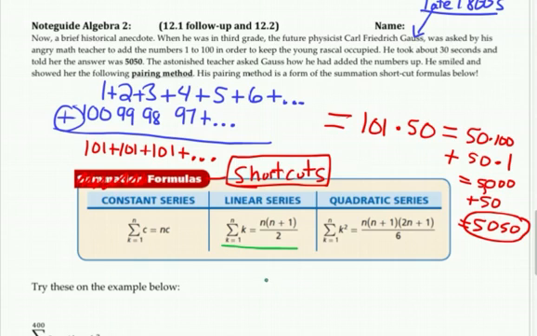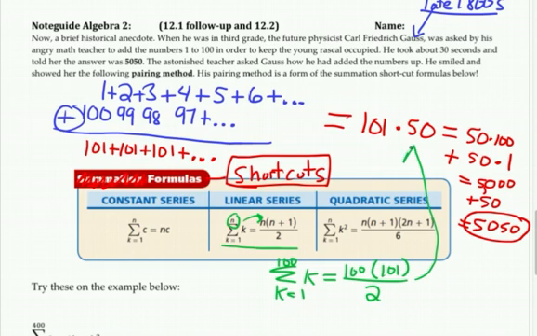How does this match? Well, if you go from the sum of k equals 1 to 100, like his teacher said, and you follow this formula, you put this number here, so that's going to be 100 times 101 all over 2. Where is this up here?